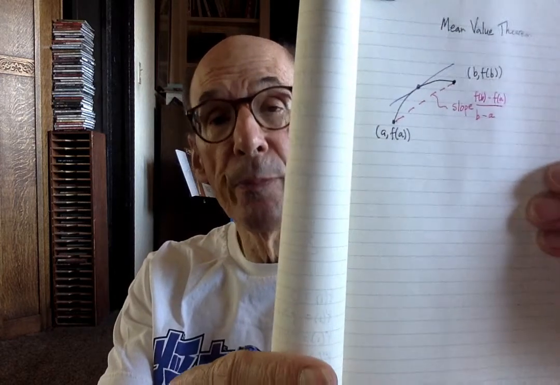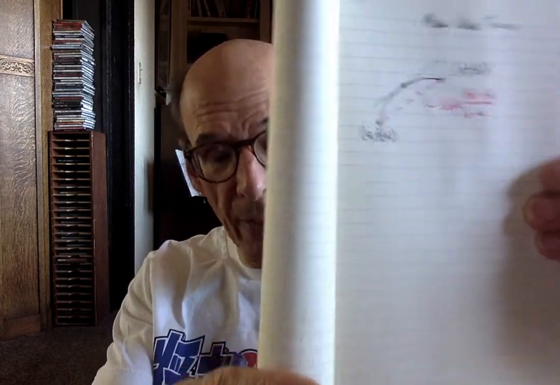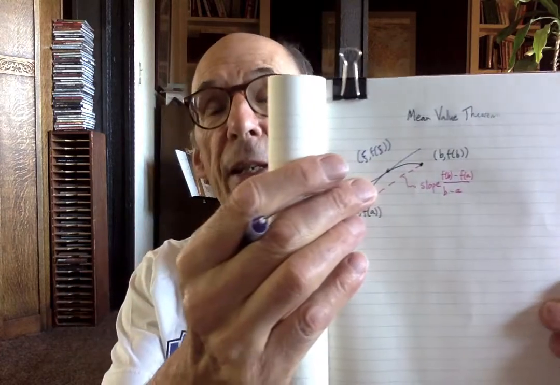And so that's right. That's what happens. There is a tangent line that's parallel. So over the years, mathematicians have settled on a name for the point where this tangent line occurs. It's the Greek letter xi. And of course, the value of the function there is f of xi.